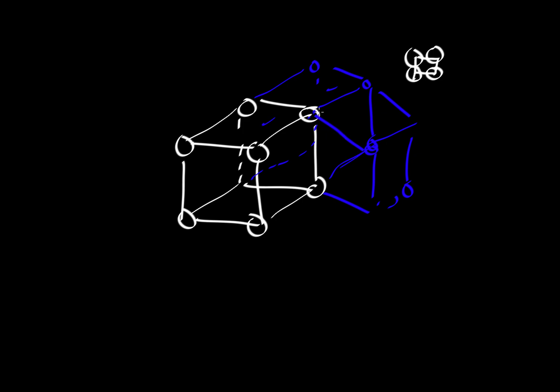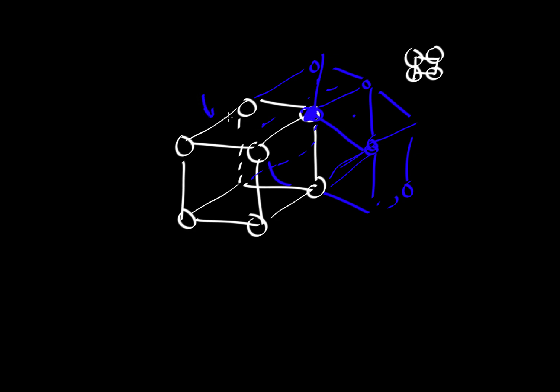So now you could see this atom here is being shared by 1, 2, 3, 4. Well, if you think of 4 cubes here and then another 4 cubes on top, this fellow is actually being shared by 8 different unit cells.